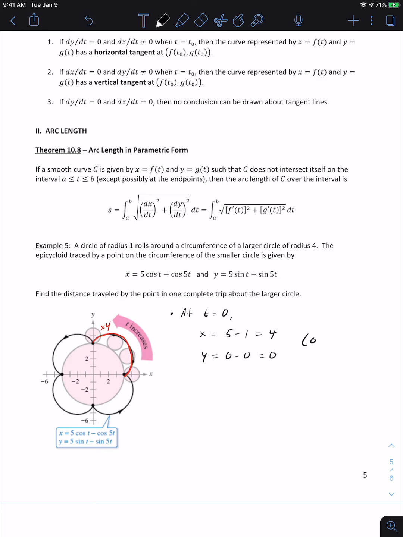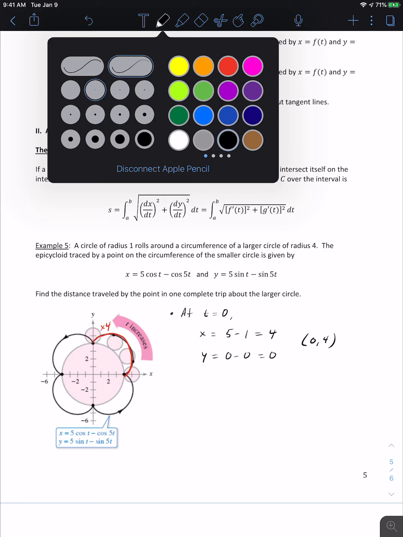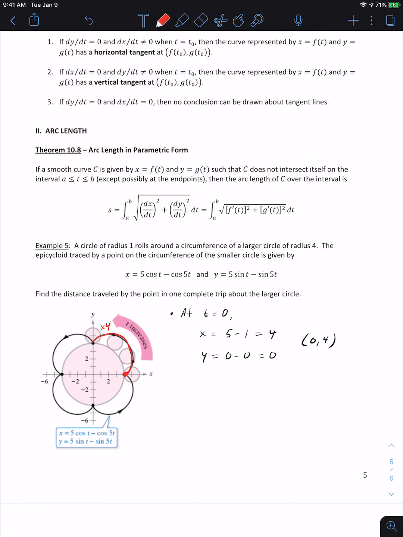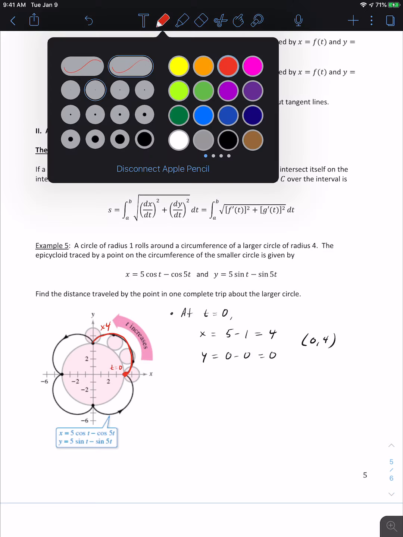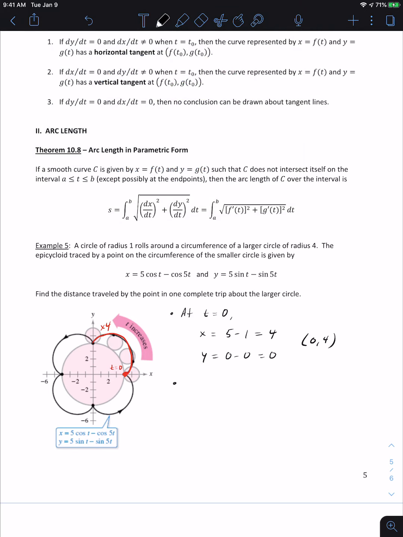So I get the point (4, 0) at t equals 0. That's this point right here. At this point right here, that's the point (4, 0), which happens at t equals 0.